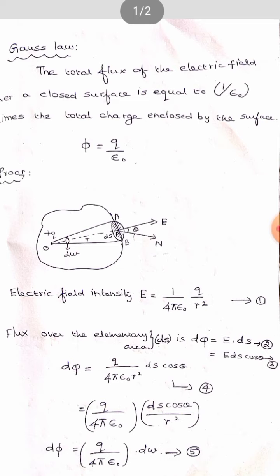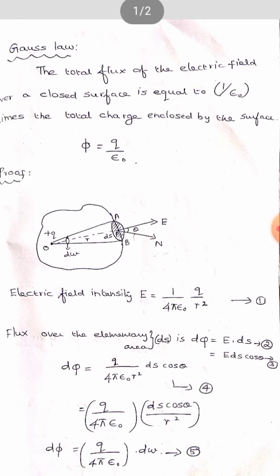Next, in equation 1, the electric field intensity at the point P is given. That is written as 1 by 4 pi epsilon naught into q by r square. Next, the flux over the elementary surface area ds is written as d phi is equal to E dot ds.